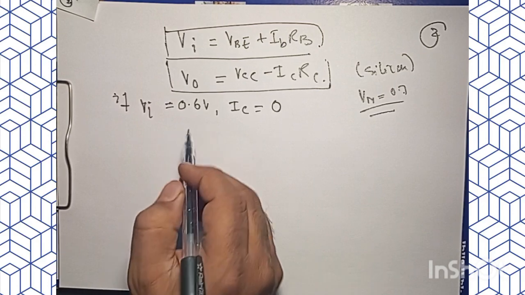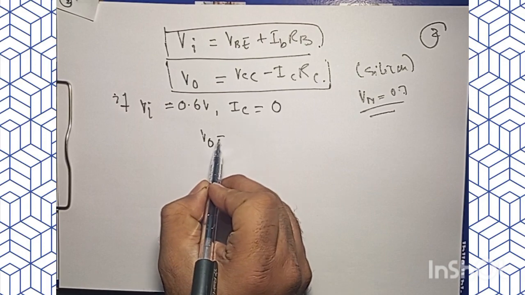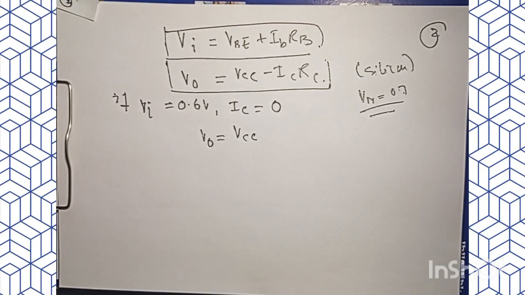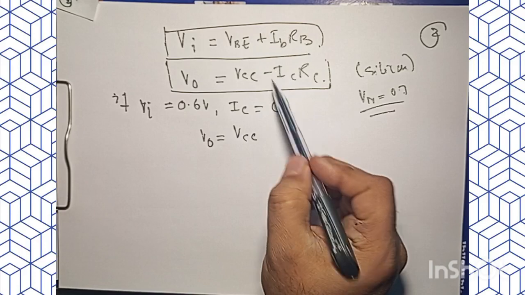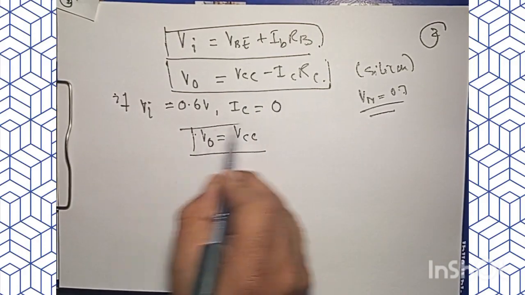Because in this case, V out will be simply equal to VCC, because IC will be 0 and V out will be equal to VCC.